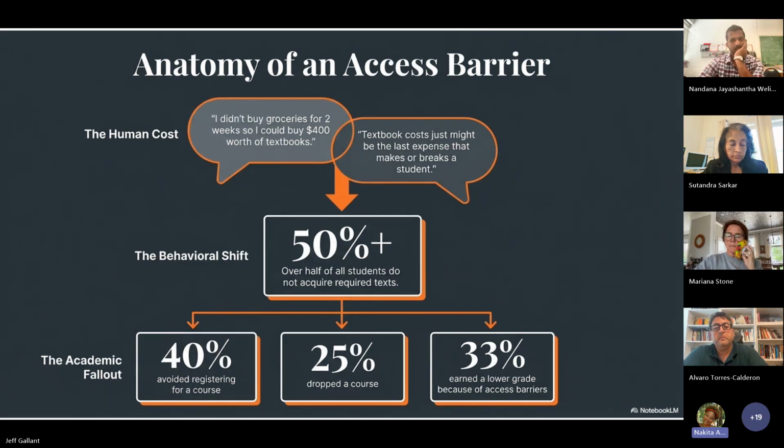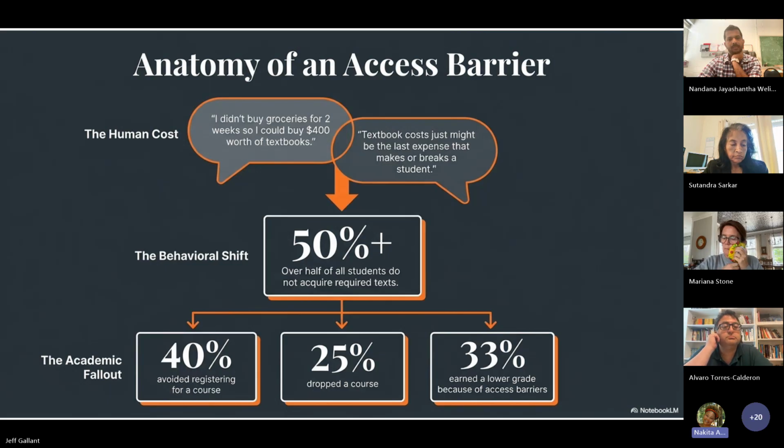And when 50% of students are not accessing their texts in the way that they need to, that has an academic fallout. This same survey referred to about 40% of students who would avoid registering for a course because of this access barrier, 25% who may have dropped a course because of it, and 33% who earned a lower grade because of access barriers.